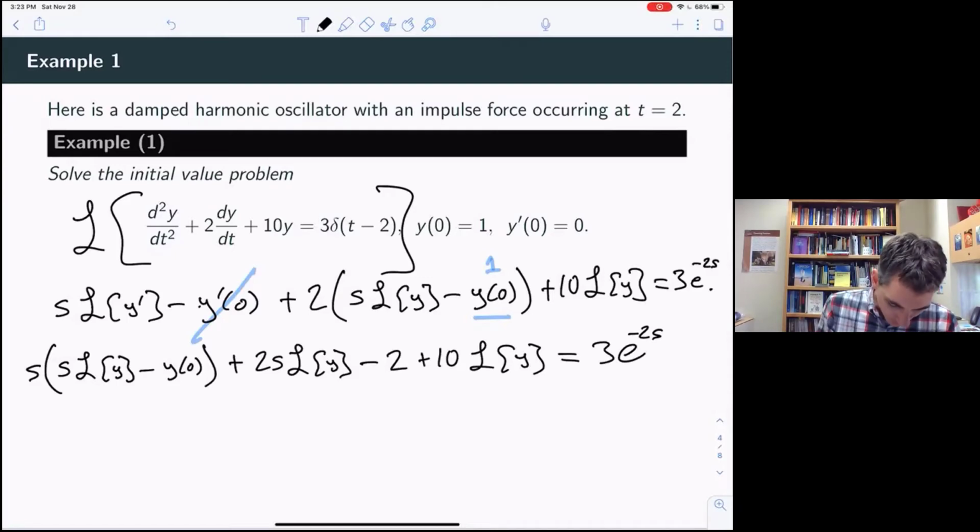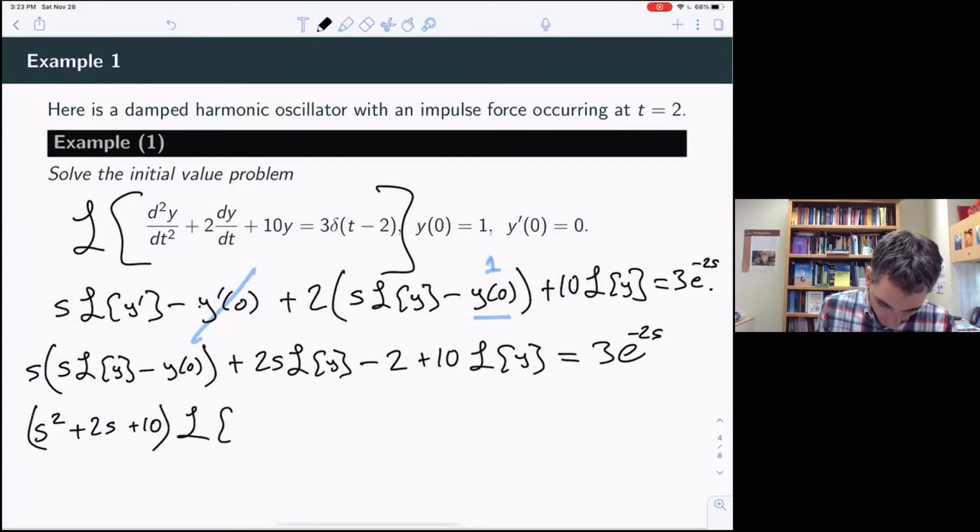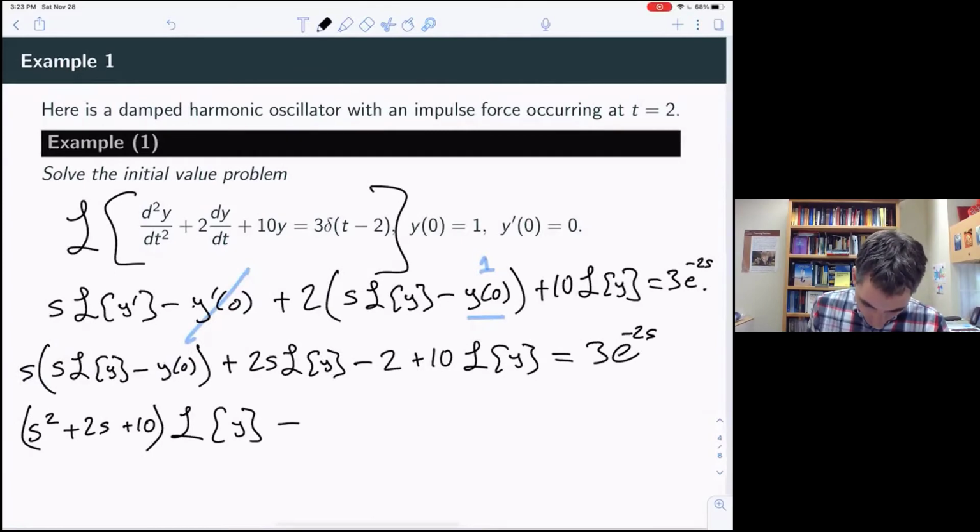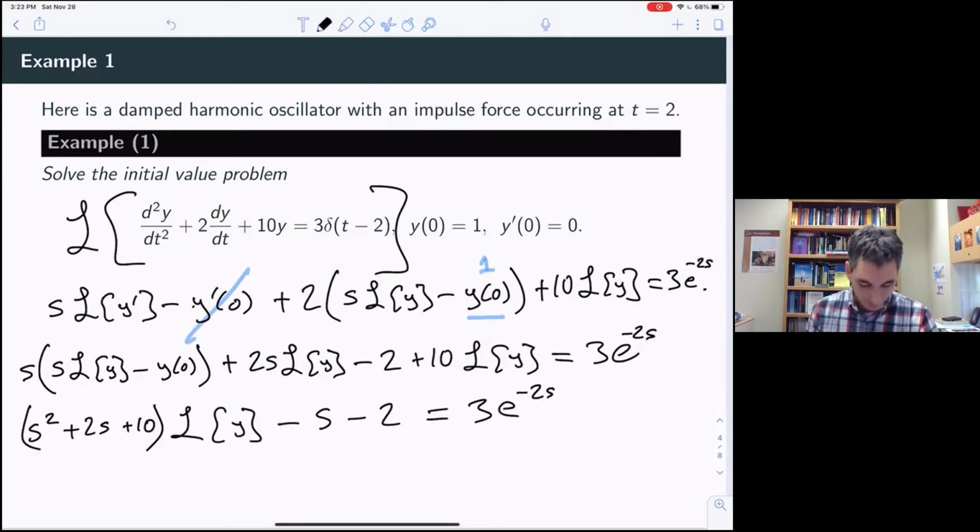So after that, we're going to get s squared plus 2s plus 10. That's the L of y. Of course, that's the characteristic equation for this second order differential equation. And then let's see, y of 0 is 1, but it's going to multiply by s. So we're going to have minus s minus 2 equals 3e to the minus 2s.